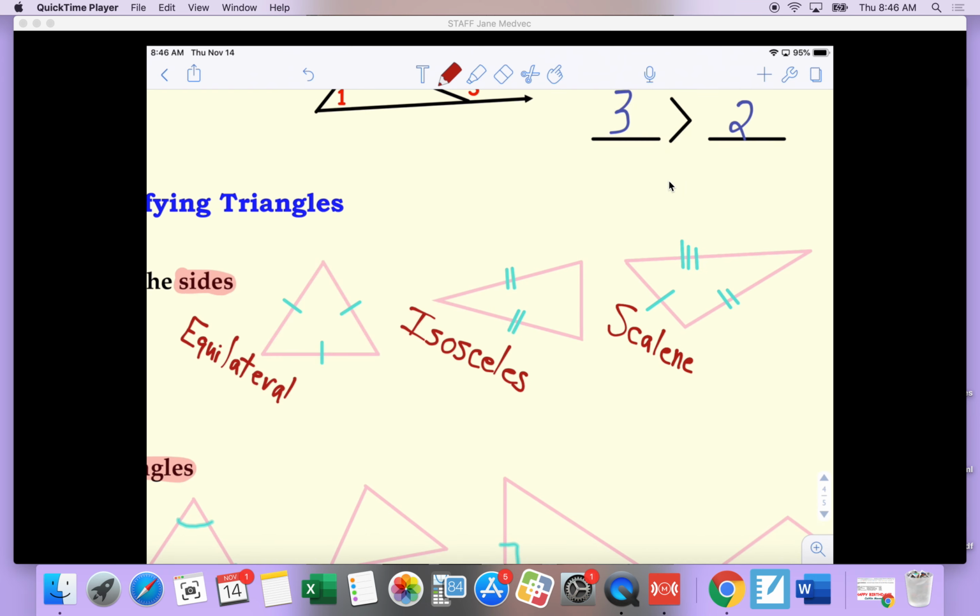Okay, so those are sides. On your test, I will have triangles, and I'll ask you to classify by sides and then by angles, and you can't flip-flop them. It specifically asks you. So make sure you know the difference.